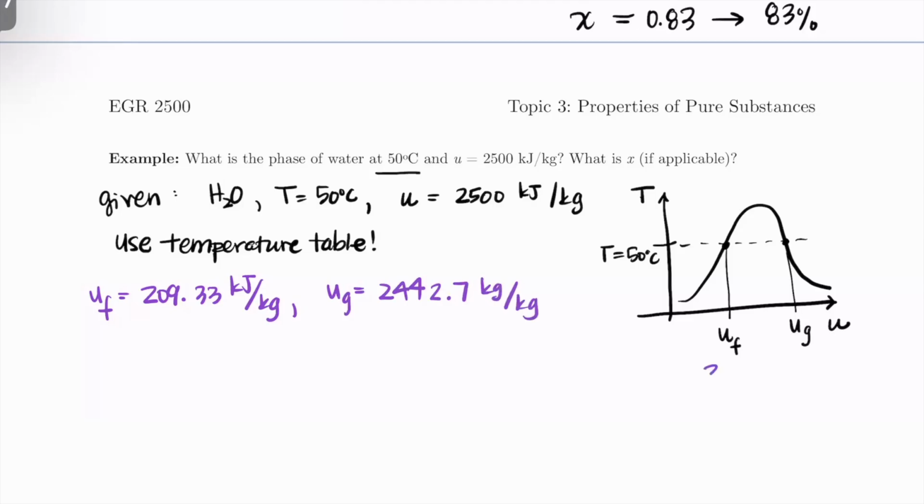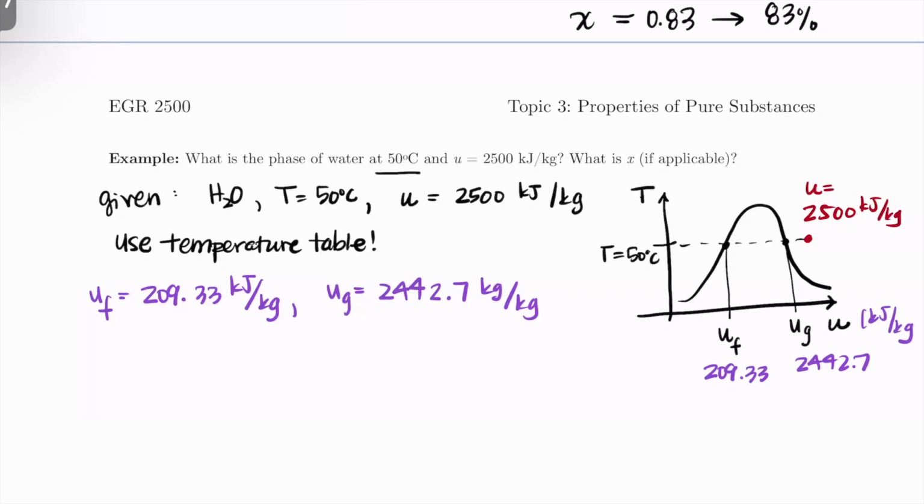So we have 209.33 here, and then 2,442.7 here. And this is kilojoules per kilogram. Okay, so where are we at with our internal energy of our substance? Yeah, so we're over here. So this is 2,500 kilojoules per kilogram.